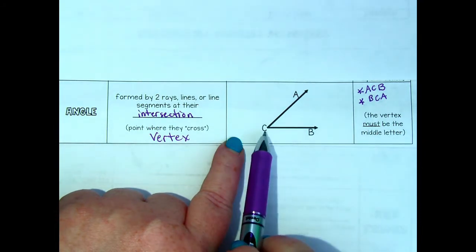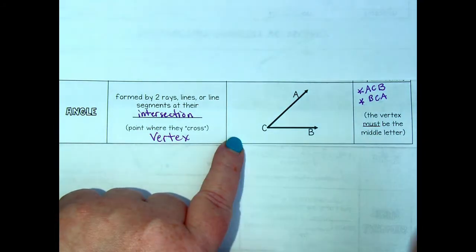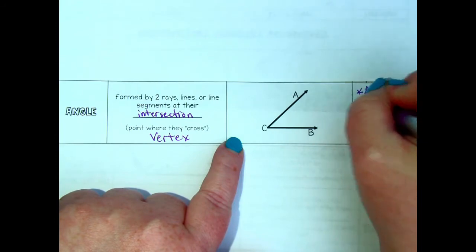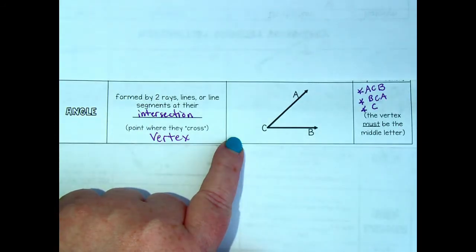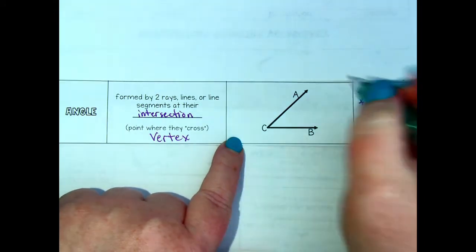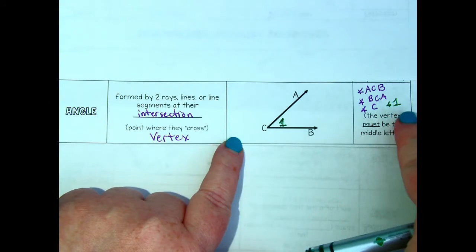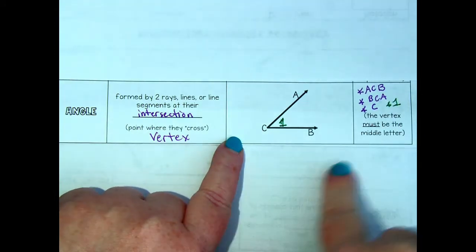Because there is only one vertex at this intersection, I can also say that this is angle C. Now in this picture, there is not a number anywhere, but sometimes we will see a number added inside of the angle. So I can also name the angle by the number, in this case, angle 1.